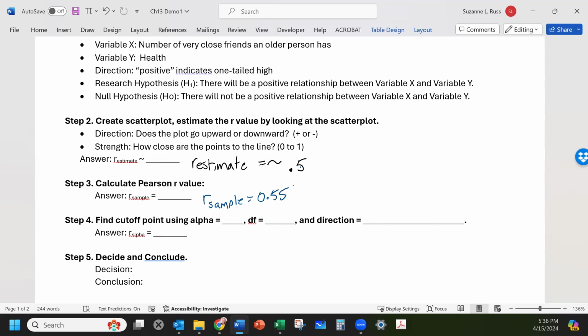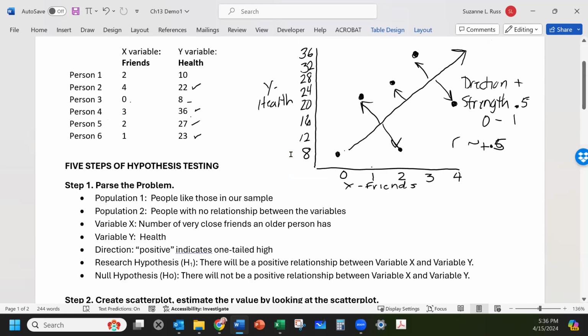You know, if you're seeing something that's really different, you might want to question yourself. So next we find our cutoff point. We have alpha 0.05 stated in the problem. DF in a Pearson test is the number of individuals. So in this case, we only have 6 people, but we subtract 2 because we have to subtract 1 for each of the 2 means we calculated.